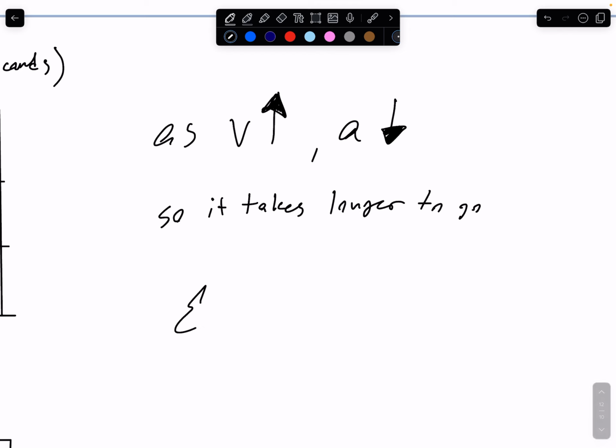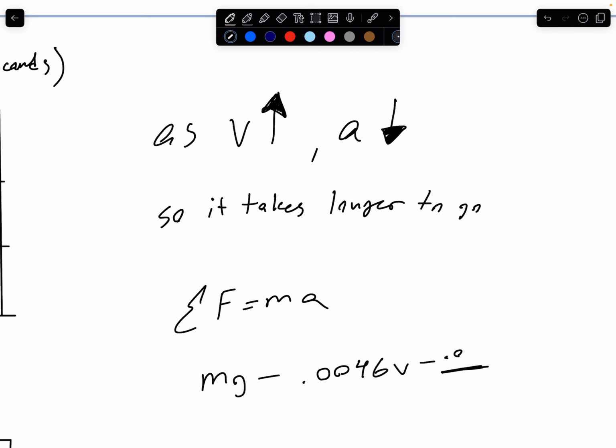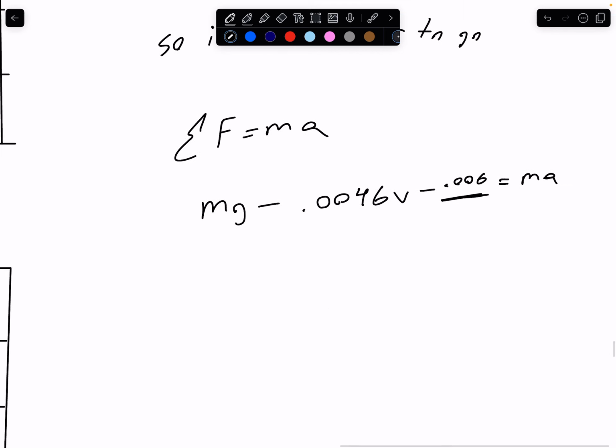But the way that it makes sense to me is, as velocity V increases, and your sum of forces is ma, you have mg minus that small 0.0046 V minus a very small number, like 0.006, equals ma. So mg stays constant no matter what.